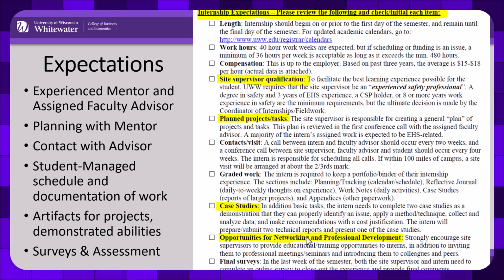Operations people, engineers, maintenance, finance: get to know as many people as possible. So network within the company, but if you can also network with ASSP or other professional groups, even better. And then think about using LinkedIn continuously to evaluate job opportunities, of course, but also to find experts out there who can provide you with mentoring and advice.